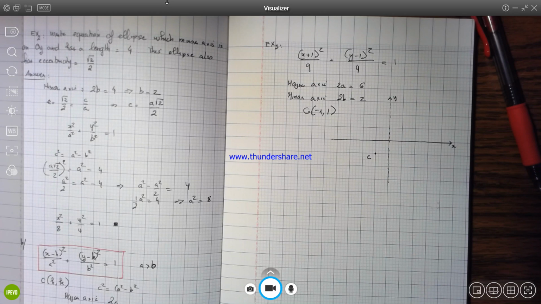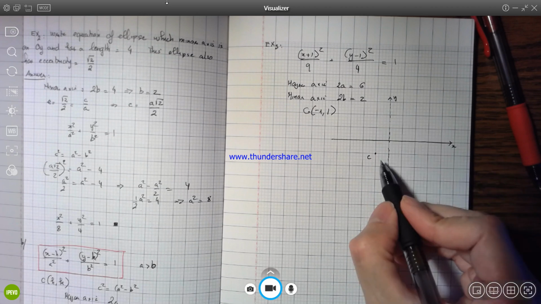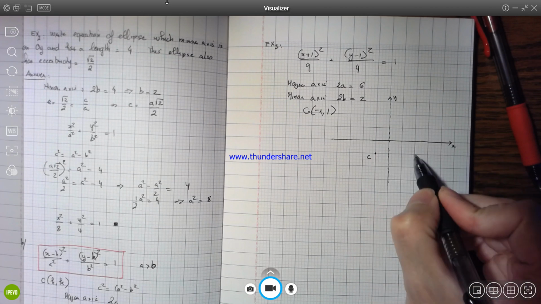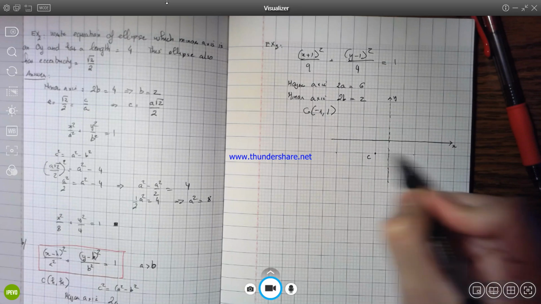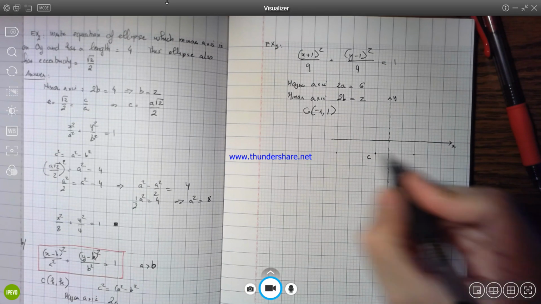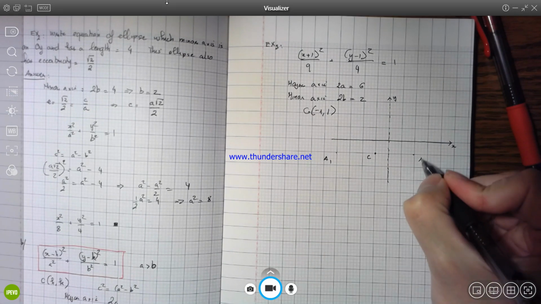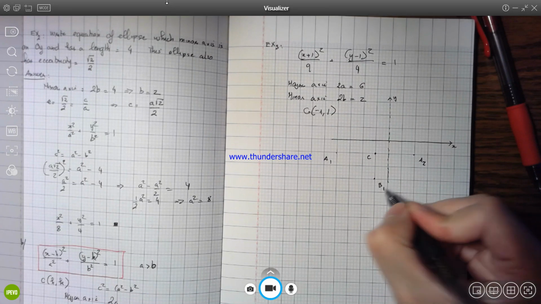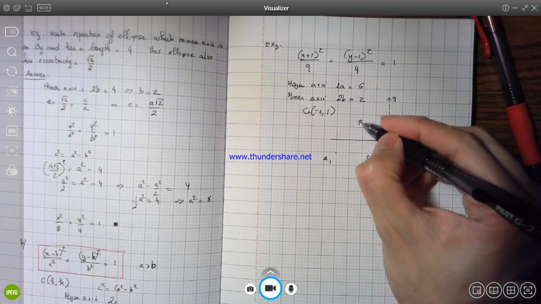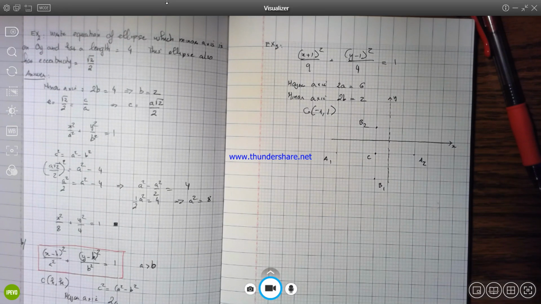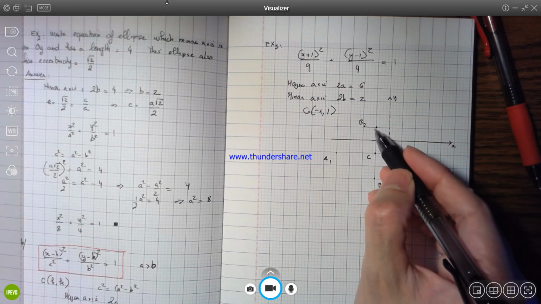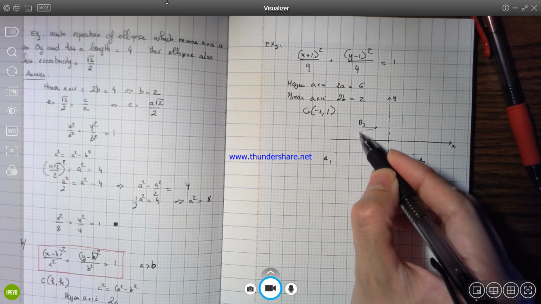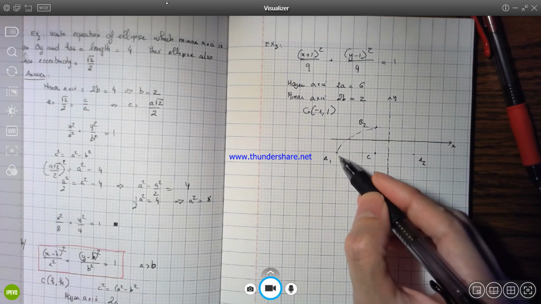The major axis is horizontal, the major is 6, so the a value is 3, right? So it's gonna be here and here, a1 and a2. And the other ones are b1 and b2. So b1 must be right here and b2 up here. Alright, so you're gonna sketch and draw the ellipse.